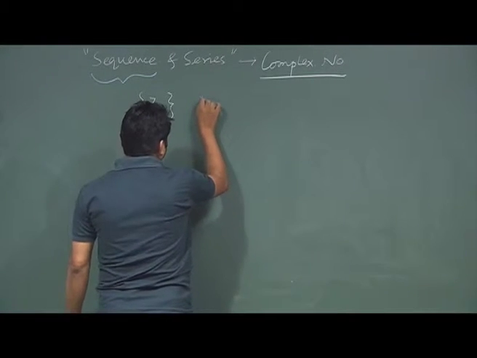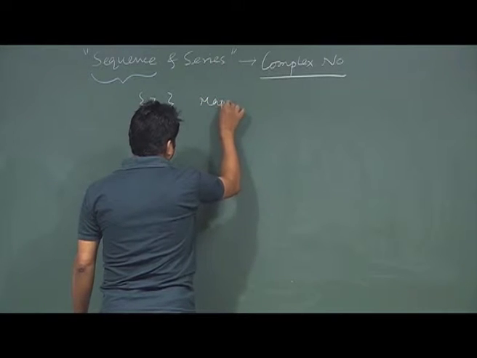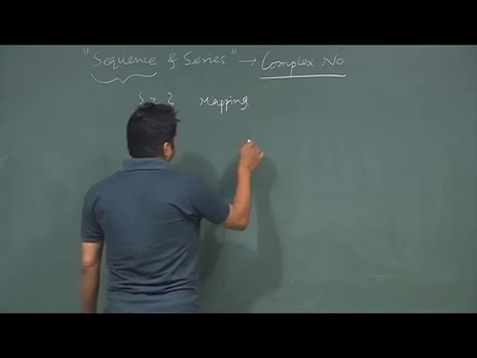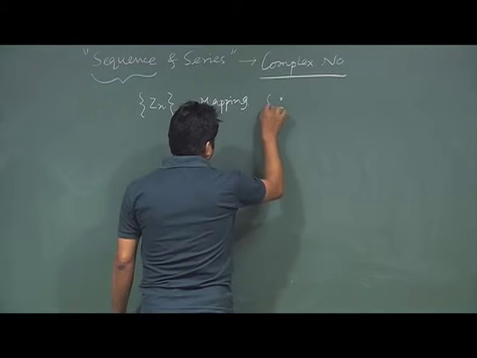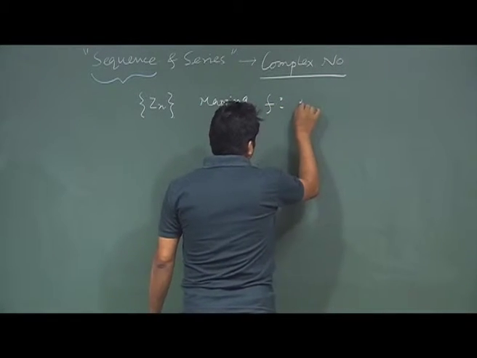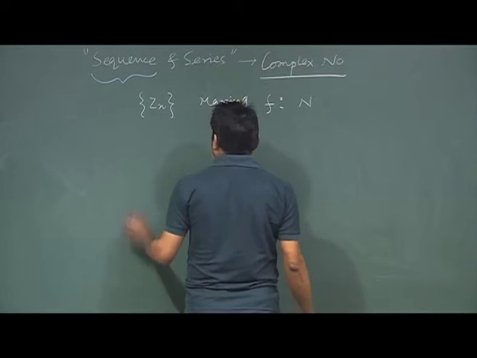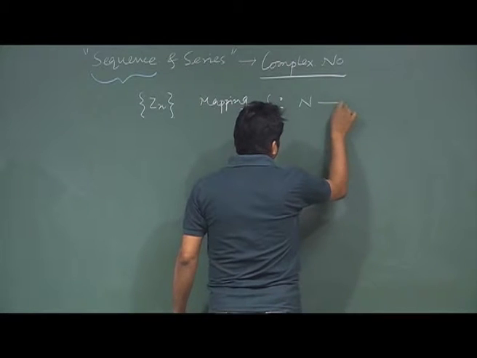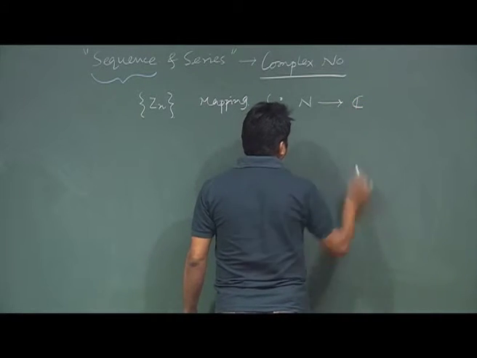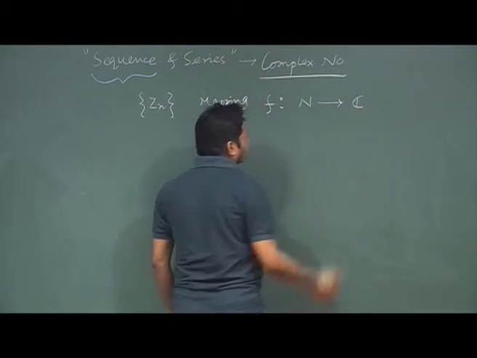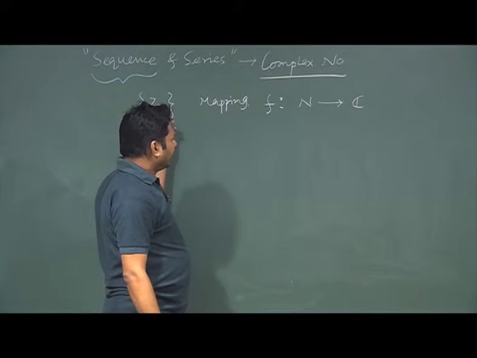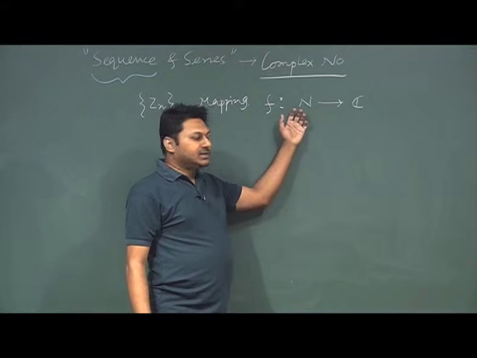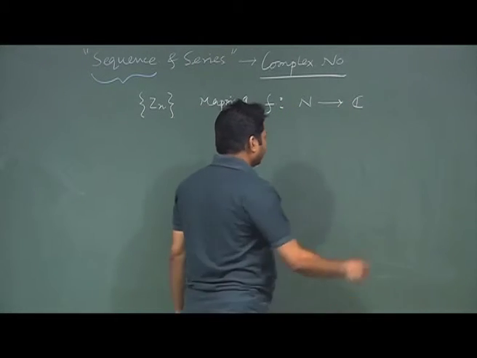It is a mapping, where I take some positive integer n, and it gives me some complex number in the set of complex numbers C.